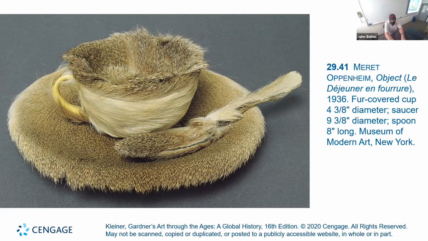And so if you would say spoon, cup, and saucer, what would be something that would be completely opposite, or something that would be antithetical to that? And you would maybe think about fur and put those two things together, because it comes out of your imagination, or her imagination, and that is what surrealism is all about. It's what's going on upstairs. It's the mind. It's the consciousness. It's the subconsciousness.